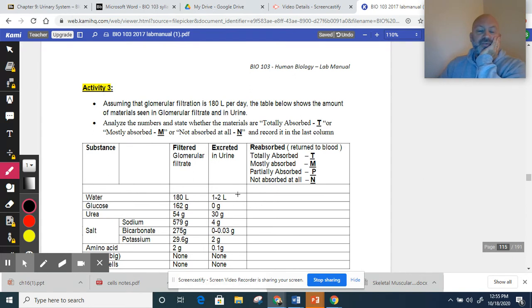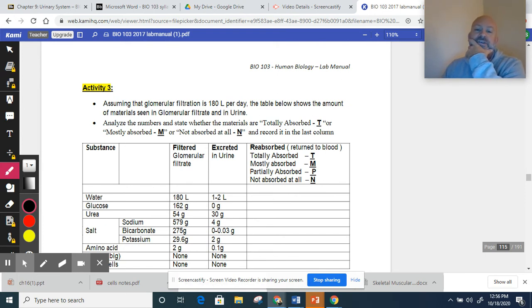All right, so this is what you should be doing on your own. I'm not going to do this for you. I'll do the first one for you. With water, there's 180 liters of water that are filtered by the kidneys every day. That's a lot. Does that mean we pee 180 liters every day?